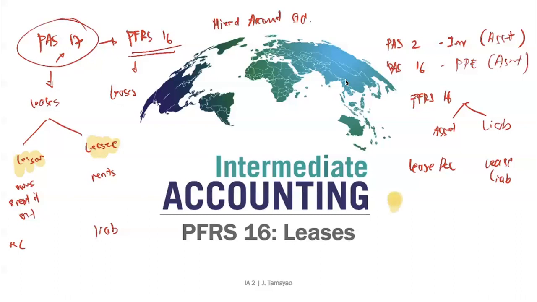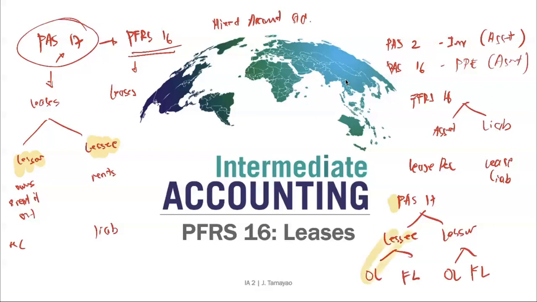In PAS 17 before, we had the lease for your lessee and your lessor. For your lessee before, we look whether it is an operating lease or a finance lease. For your lessor, whether it is an operating lease or a finance lease. That is under PAS 17. Take note that on the part of the lessee, you are to categorize it.